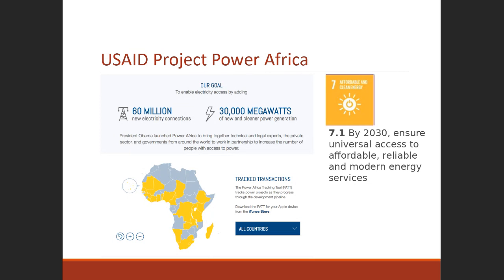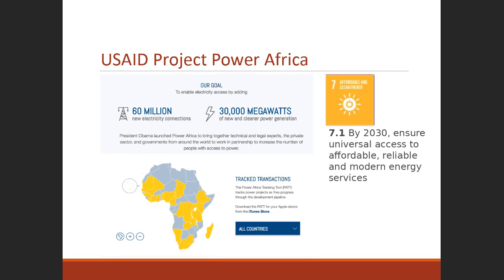So solar, wind, hydroelectric, but mostly solar and wind investments in sub-Saharan Africa, because sub-Saharan Africa does have quite a lot of sunshine, and so the opportunities around solar have been seen as potentially very promising.